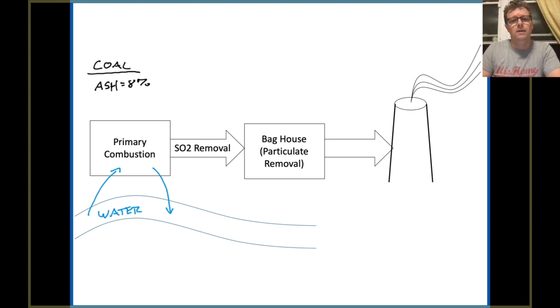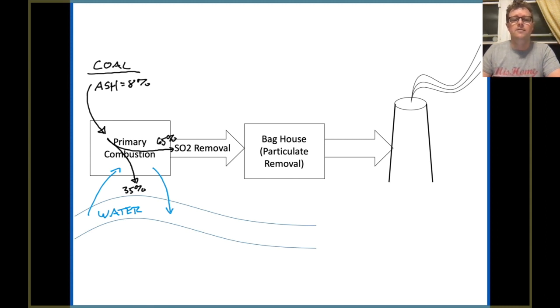One of the elements that we're going to end up with is ash, so this sort of amorphous solid that's going to both settle out in the primary combustion as well as take the form of fine particulates. We're told that the coal is 8% ash, and during primary combustion about 35% of that settles out right where the combustion takes place.